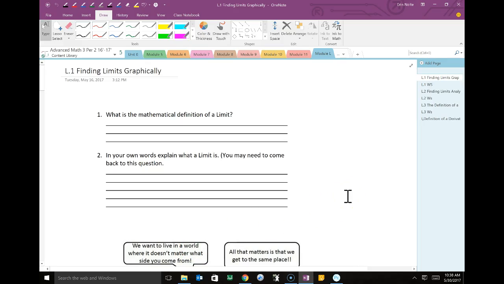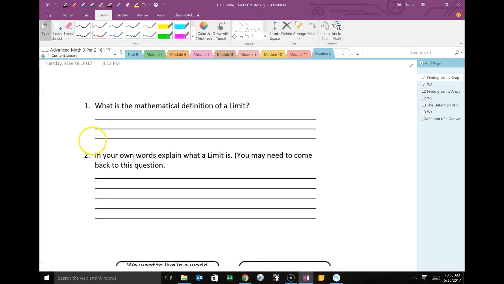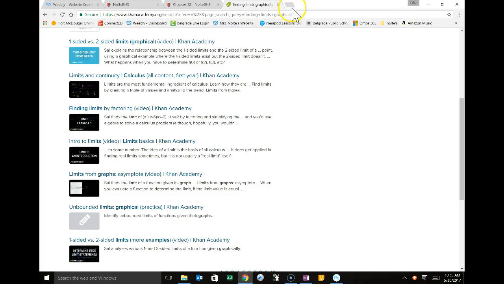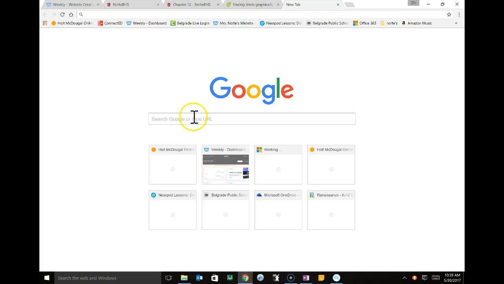All right, so L1 is going to be how to find limits graphically. The first thing that we're going to do is write down what the mathematical definition of a limit is. You can look it up in Google if you would like.